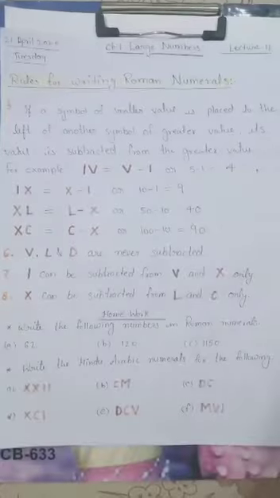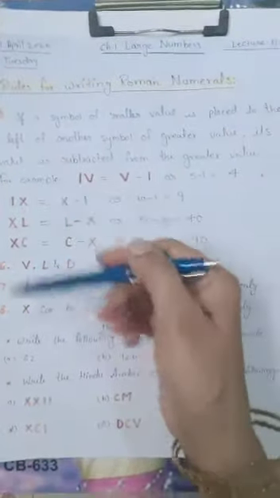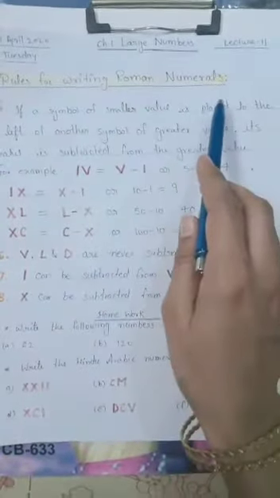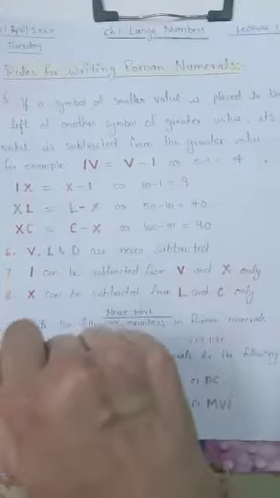Okay, now come to today's main content. We have already discussed the 4 rules. There are some more rules for writing Roman numerals. Now come to rule number 5. What does it say?